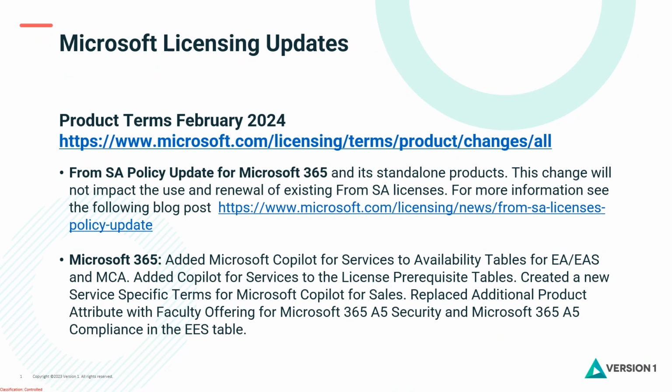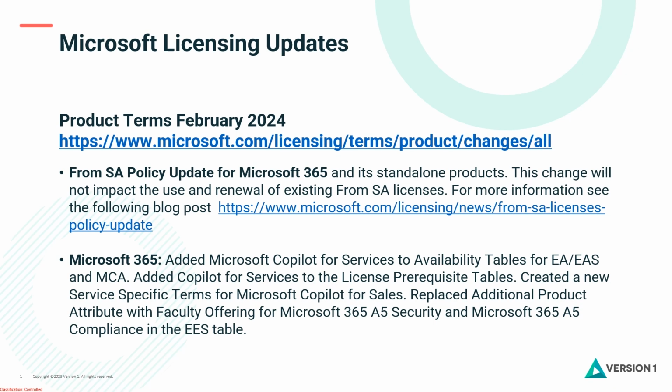Also on Microsoft Copilot for Sales, we saw some new specific terms being added. So Microsoft state that Dynamics 365 environments and Power Automate connections created by Microsoft Copilot for Sales are limited for use with Microsoft Copilot for Sales only, and that any Microsoft Copilot for Sales capability included as part of Dynamics 365 sales products is limited for use with Microsoft 365 sales environments.